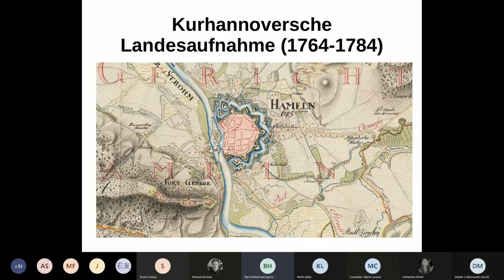It becomes difficult in the case of the road leading east from the town, which, as you can see, has been straightened and is indicated as a chaussee. So this is an 18th century newly built road, which is paved.